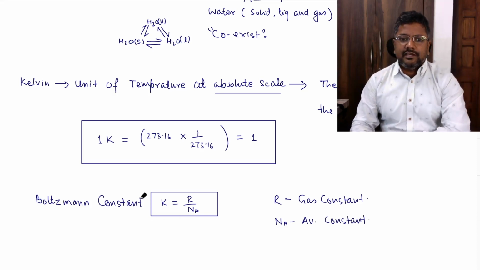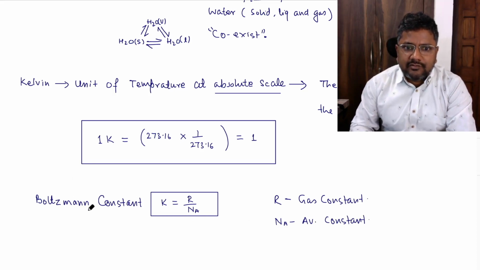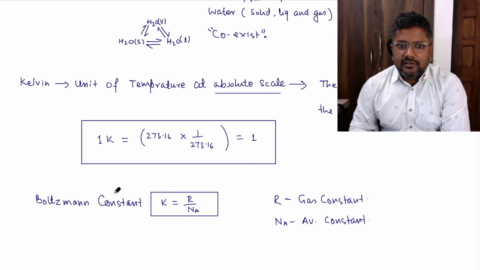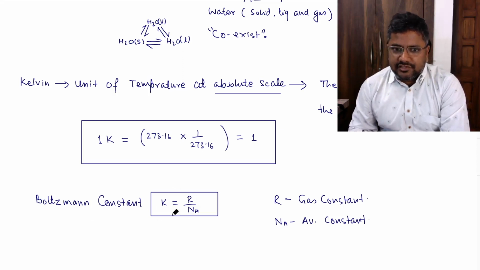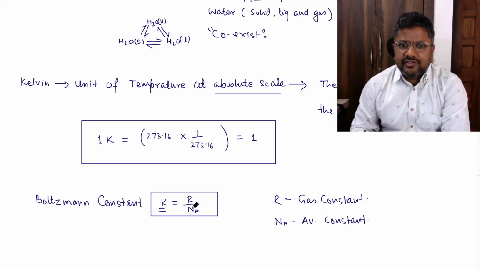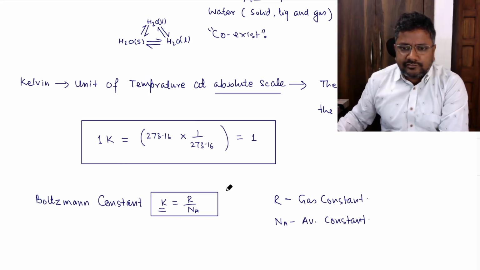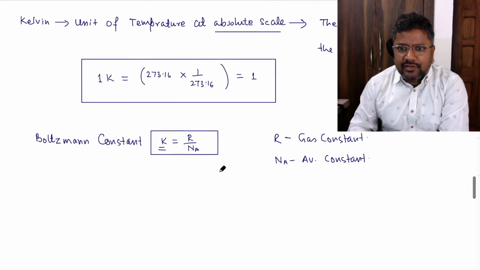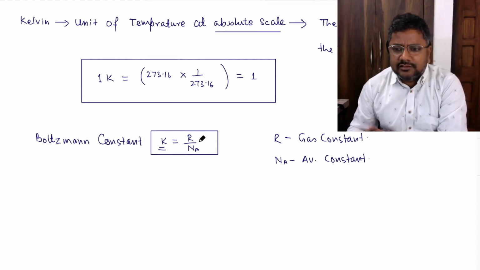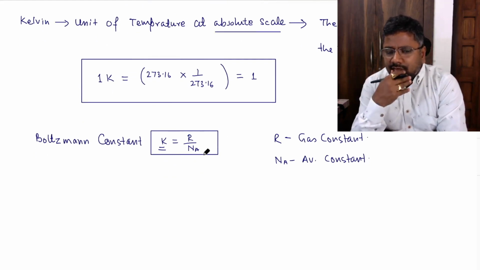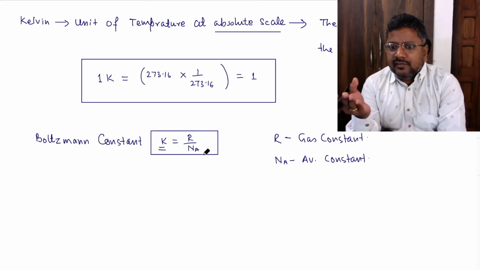So basically, Kelvin can also be defined in terms of what? Boltzmann constant, right? Modern definition is in terms of the Boltzmann constant. If you put the value here and then calculate the value of the Boltzmann constant, you will get joules.